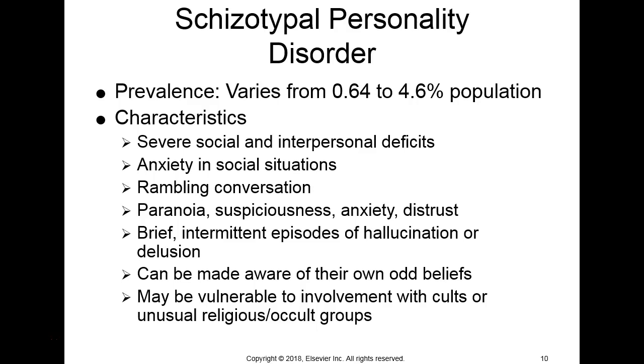And sometimes these patients may be vulnerable to involvement with cults or unusual religious or occult groups. They may be going to people like palm readers, seers, people who can see into the future, tarot cards, all that type of thing. They seem to kind of dabble in some of that a little bit too.